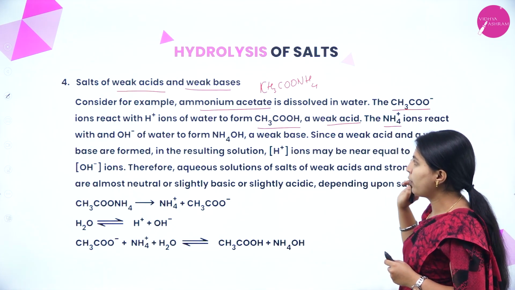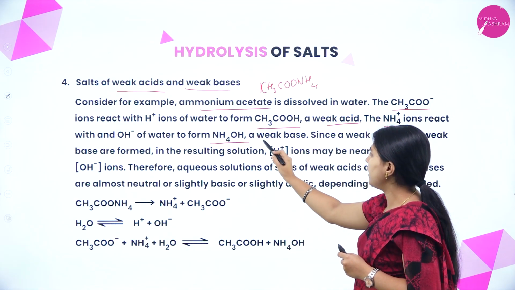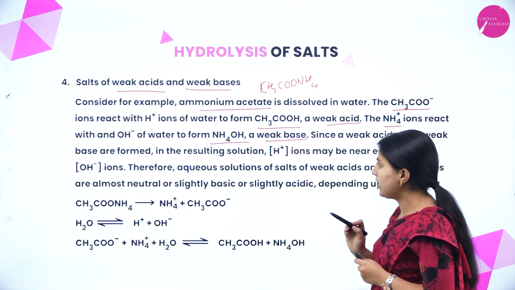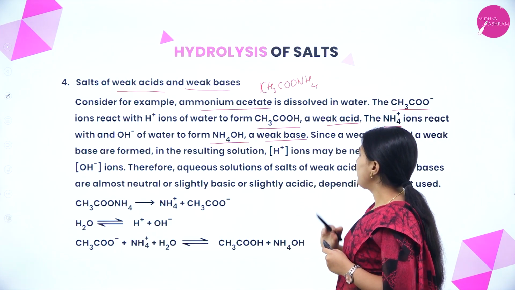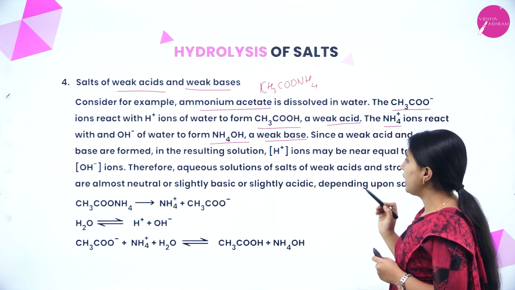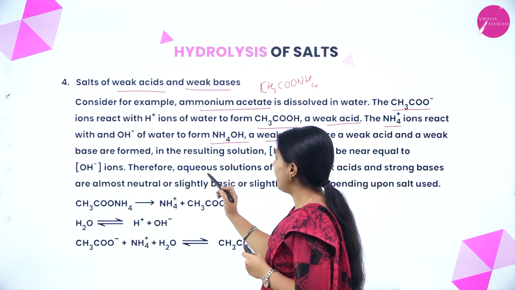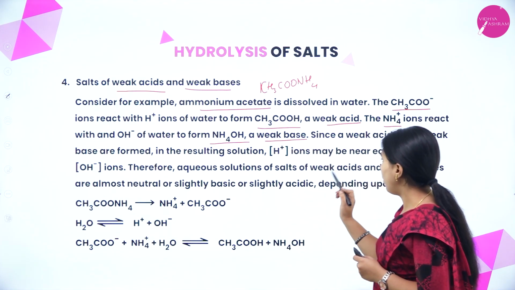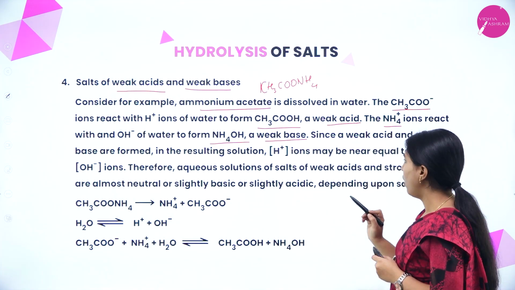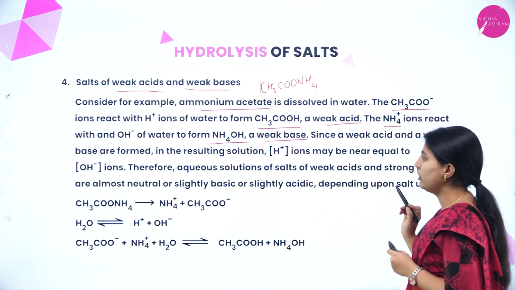Ammonium ion reacts with OH-, which will form ammonium hydroxide. It is a weak base. Since a weak acid and weak base are formed in the resulting solution, the H+ ion concentration may be nearly equal to the concentration of OH- ions. Therefore, aqueous solutions of salts of weak acid and weak base are almost neutral, or slightly basic or slightly acidic, depending upon the salt used.